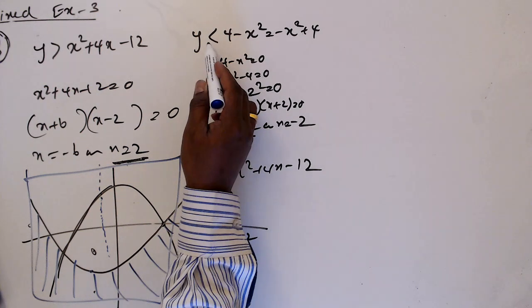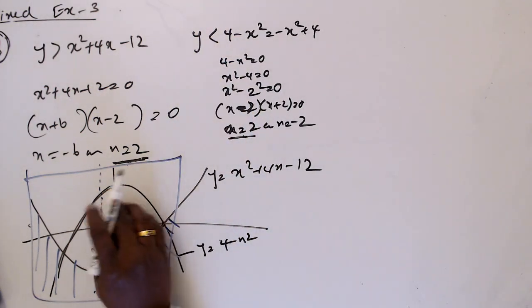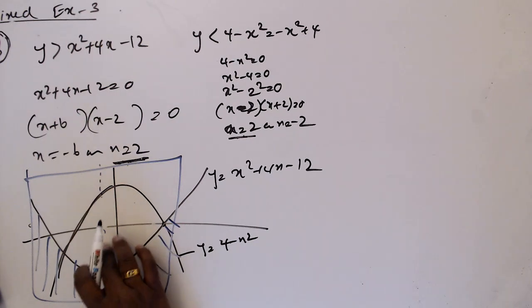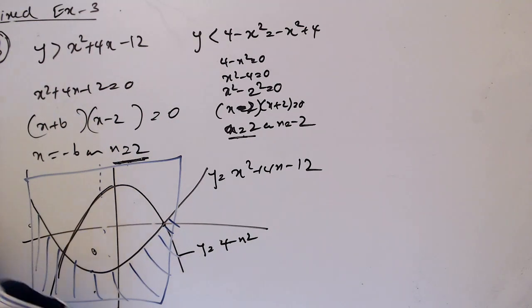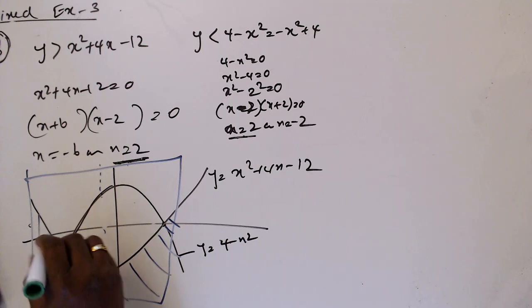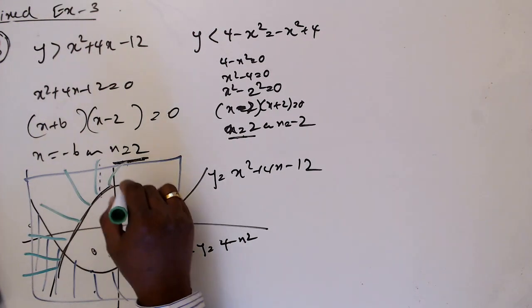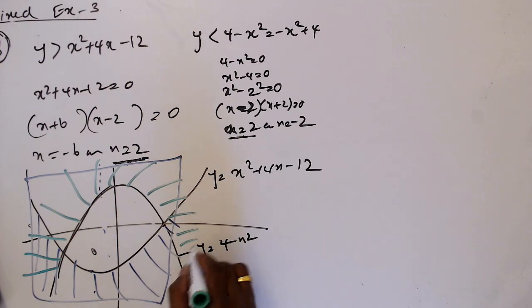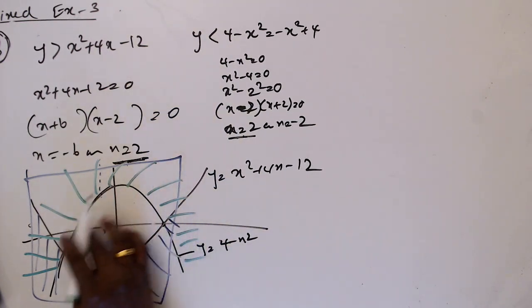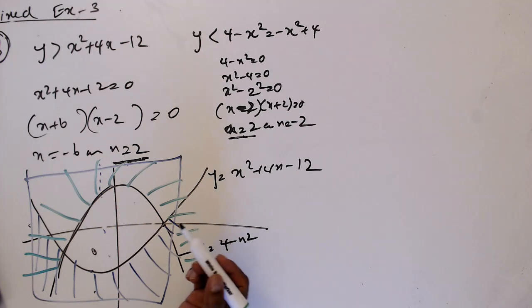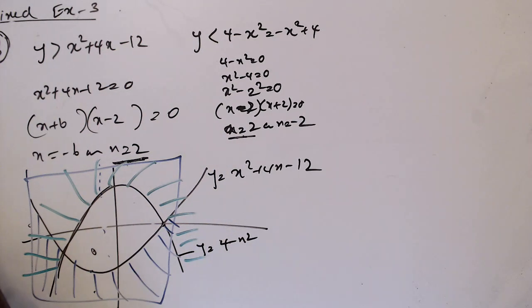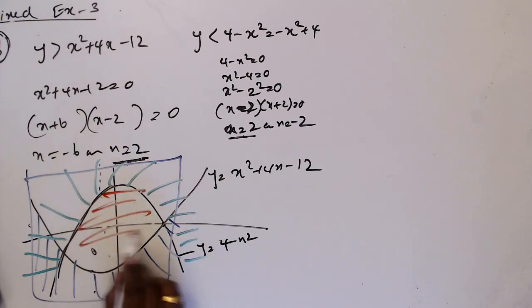Now we need less than, so this is the area we need, and we don't need this area. This is the remaining area. So if they ask you to shade, you can shade it. This is the area you want.